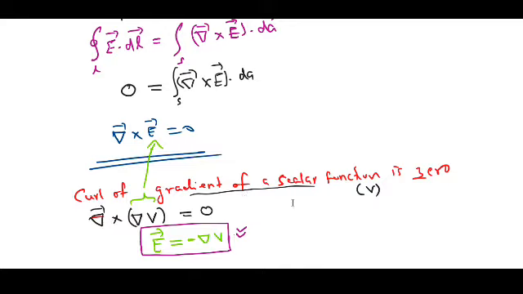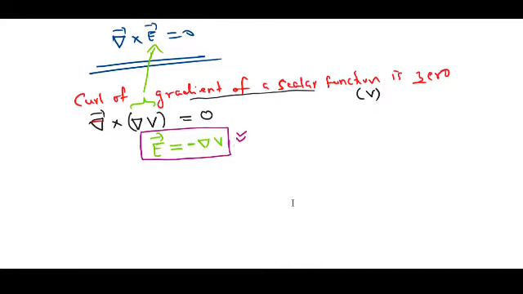Okay. Next, our topic is the electric potential. Why are we talking about the electric potential? Because the electric field is a vector quantity.